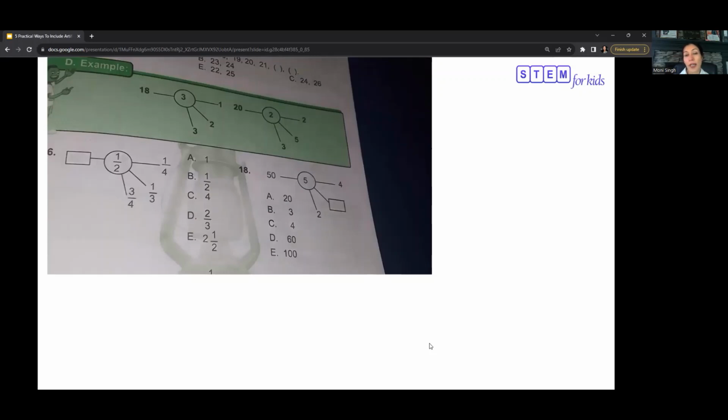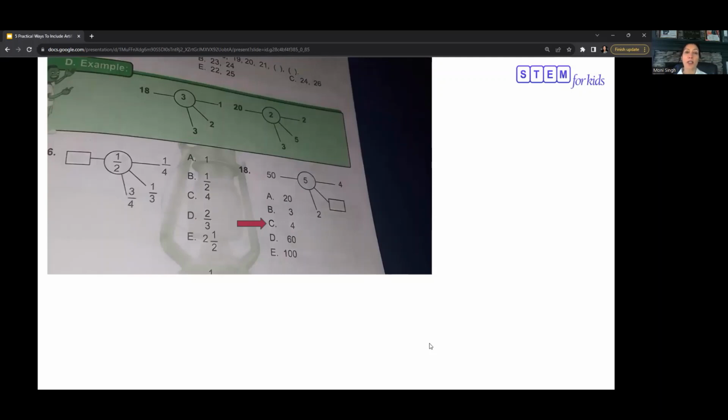Okay, so my answer is number four, because the example shows that it's basically multiplication. The center number in the circle is getting multiplied by the others and then getting added. So if you look at the example, 18 is 3 times 3 plus 3 times 2 plus 3 times 1, and the answer is 18.